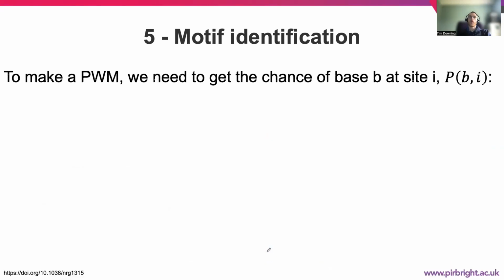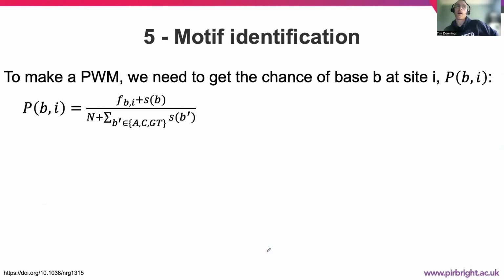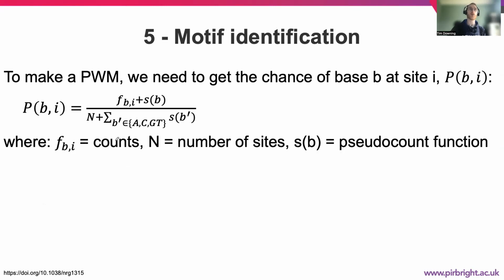If we're thinking about this position weight matrix, we're looking at the frequency of each base at each site, and we have this formula for that. Here F is looking at count data, and then we may have a pseudo count function inside there in case we have many, let's say, 0 values. We have our number of sites, and then we sum across an approximation for our pseudo count function as well.